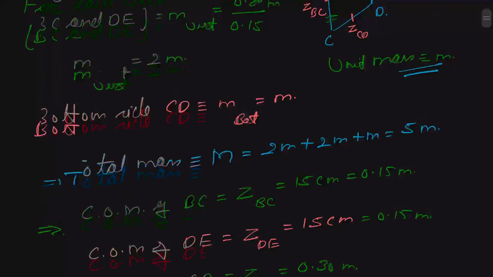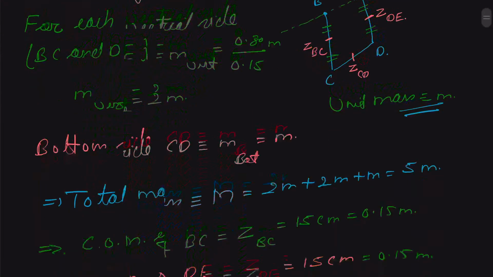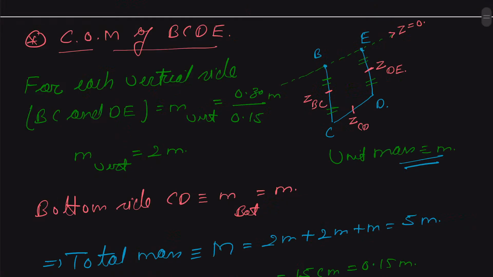So it means the center of mass from the top line will be at 0.18 somewhere here approximately. So this will be our Z center of mass.